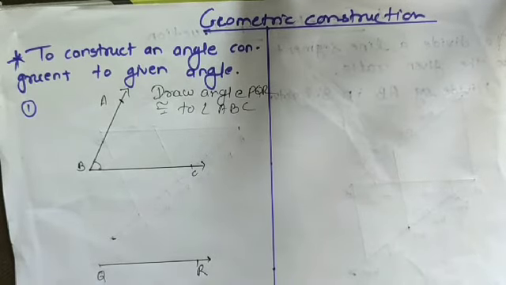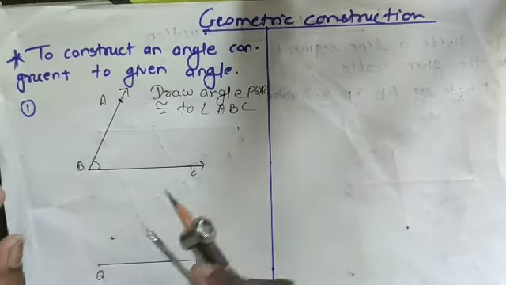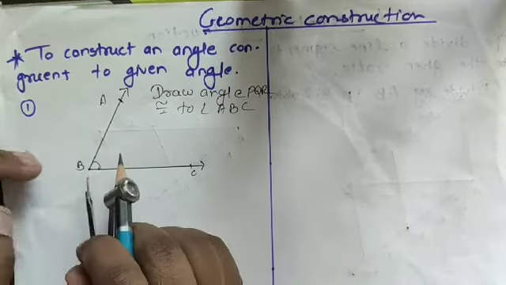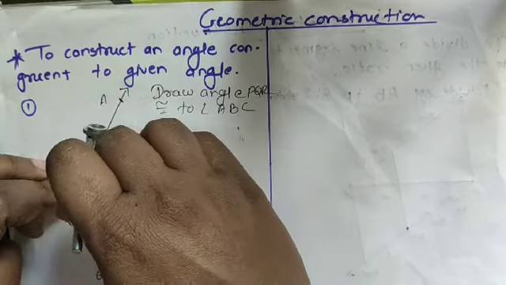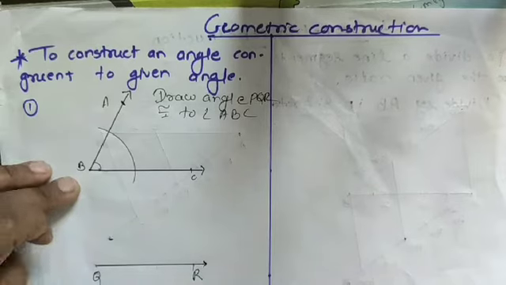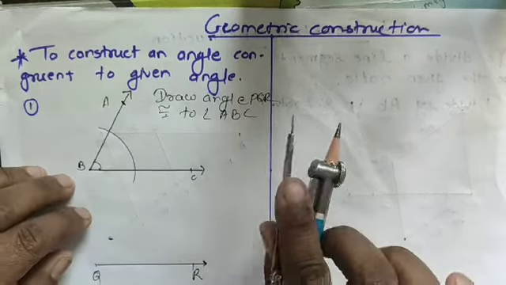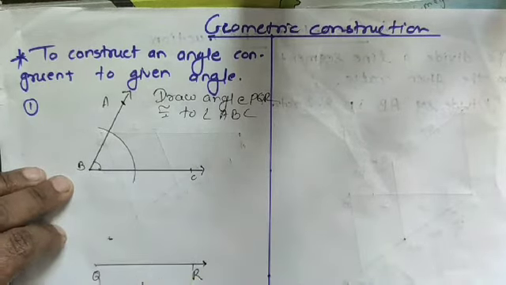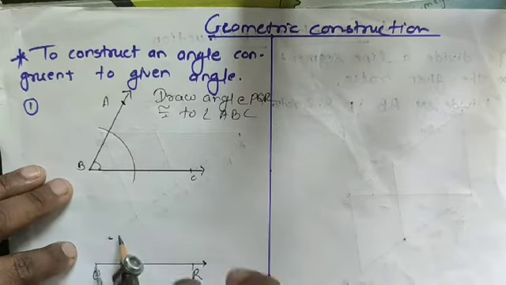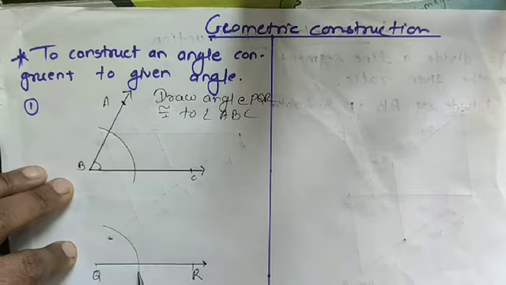Now what I have to do, again the same constructions are there. You have to take a compass, put the metal point of the compass on B, and by taking a sufficient distance, draw the arc which intersects ray BA and ray BC. Without changing the distance, keep the metal point on Q and draw the arc which intersects the ray QR at one point.